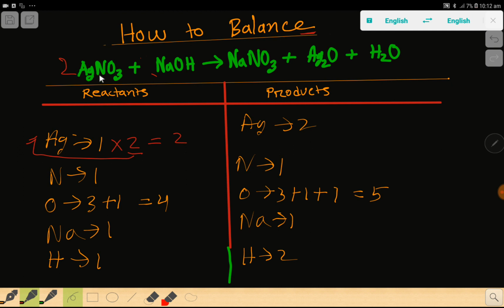The number of nitrogen will also be 2, so you need to update the number of nitrogen. The number of oxygen 3 times 2 is 6, so you need to change here to 6. So 6 plus 1 gives you 7, right?